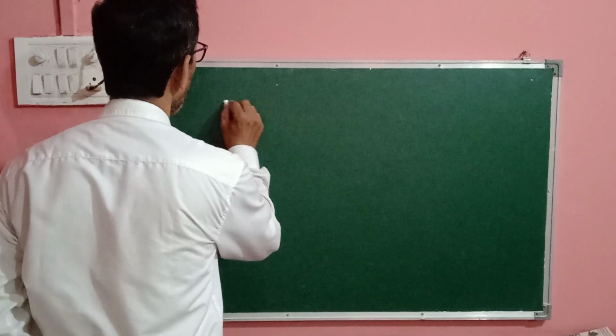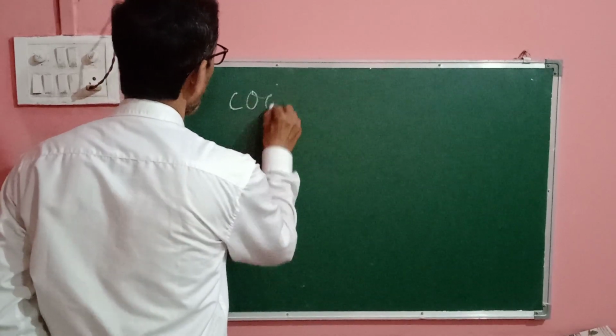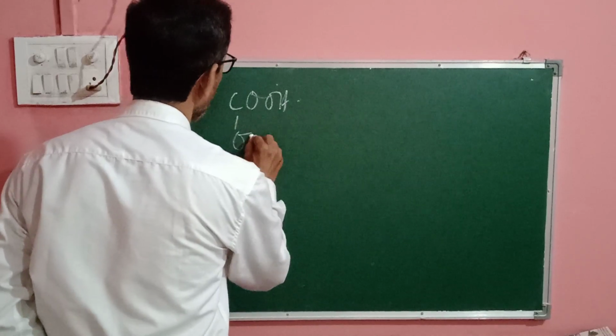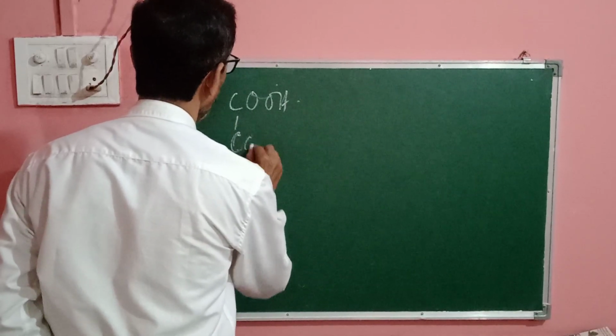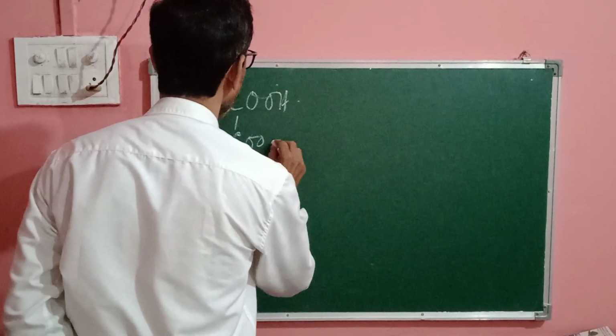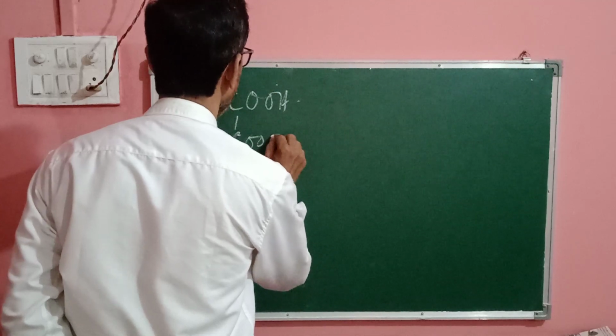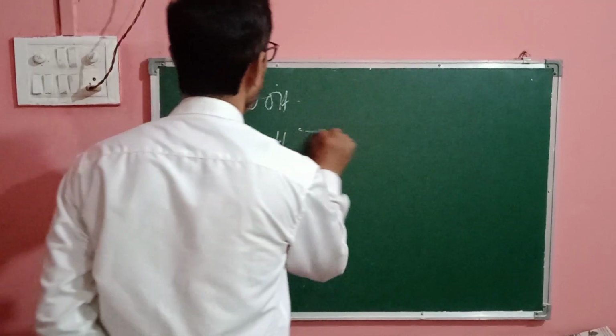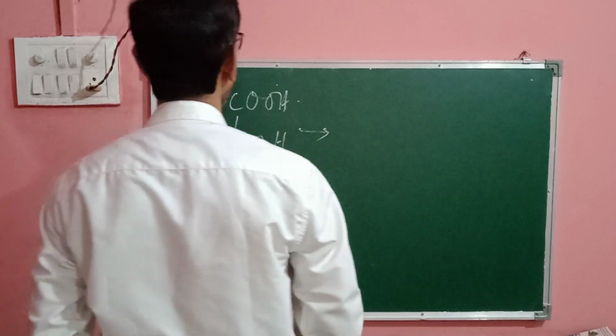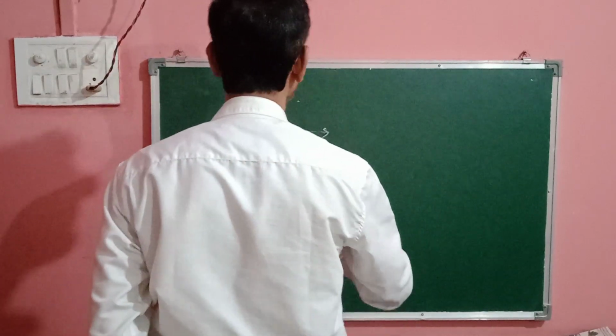Say dicarboxylic acid. Dicarboxylic acid may be COOH COOH, oxalic acid, or ethane 1,2 dioic acid.